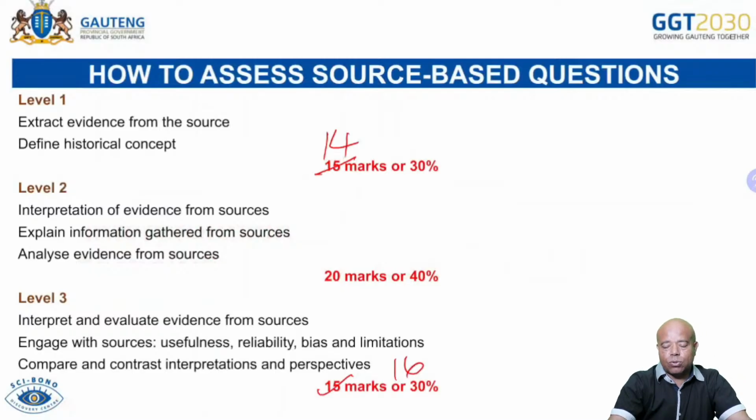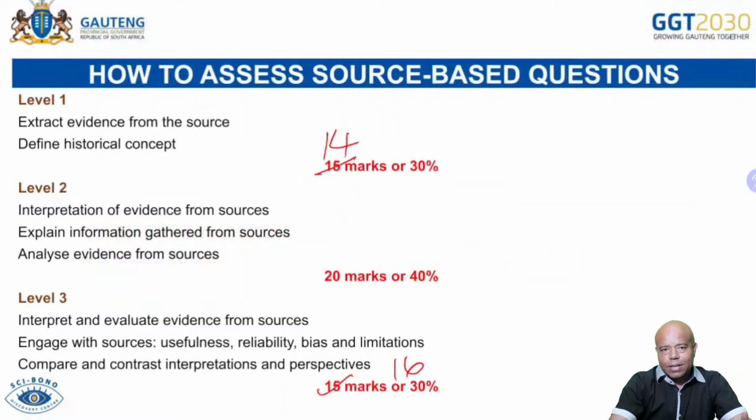But let's go to level 2. Level 2 questions need you to interpret evidence from the sources. You must explain information that you've gathered from the source, and you must be able to analyze evidence from the sources basically. And that will give you 20 marks. Level 3, you must be able to interpret and evaluate.